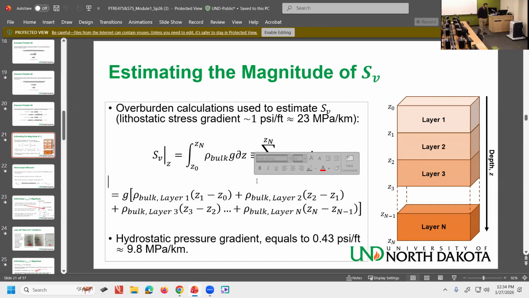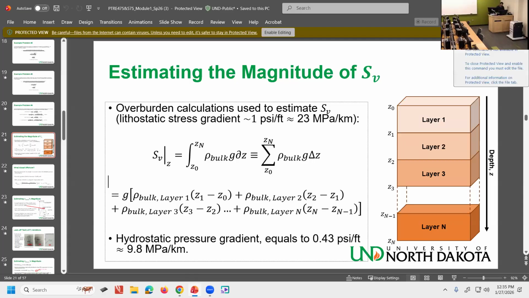So the weight of the overburden is more than double the weight of fresh water. It can be 0.8, 0.9, 1.2, 1.1, 1.05, obviously. But around 1, that's what you expect it to be. And the hydrostatic pressure gradient is always 0.433. That's the weight of the fresh water.